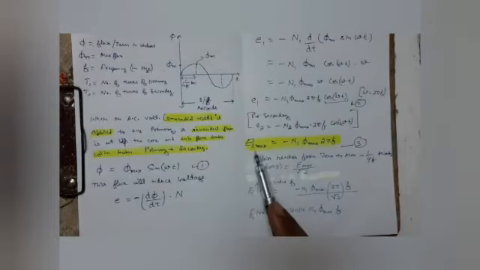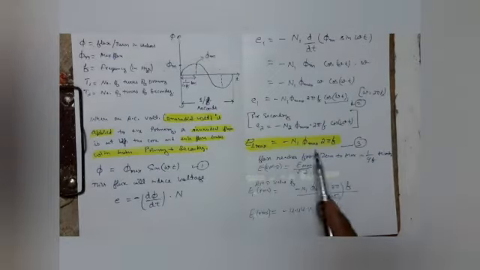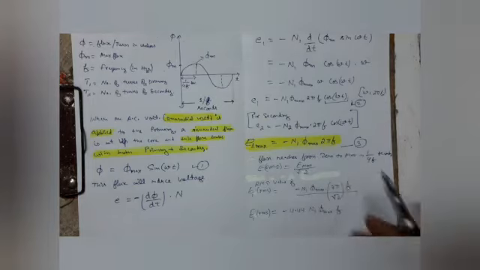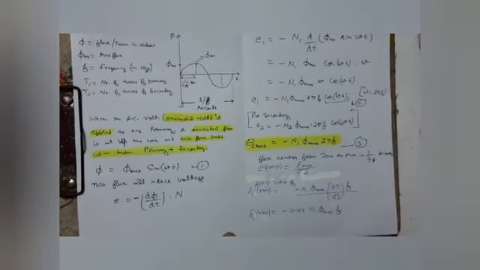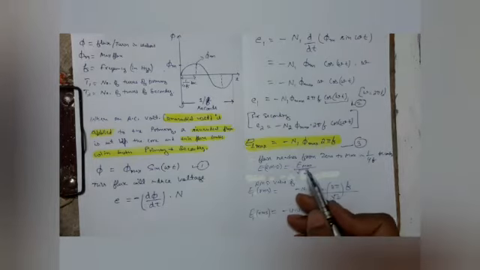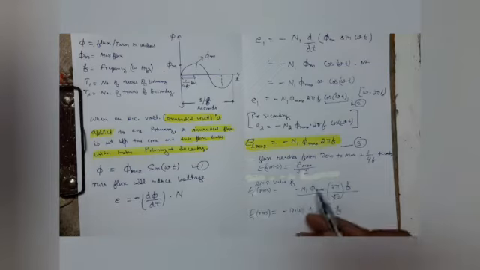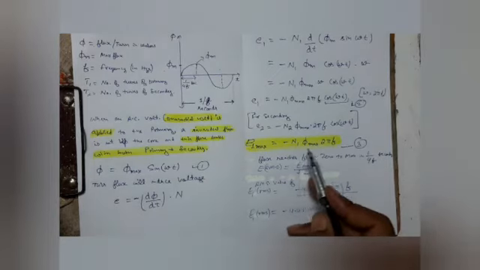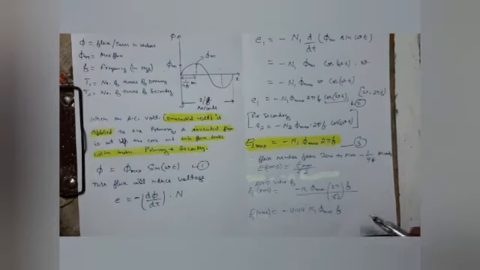As we have calculated the value of E1 max, that is equation number 3, we are interested in finding out the RMS value of voltage that will be induced in the primary and secondary. So RMS value is given by maximum value divided by under root 2. So we divide this whole equation by under root 2, and if we calculate the value of 2 pi by under root 2, that will be 4.44.